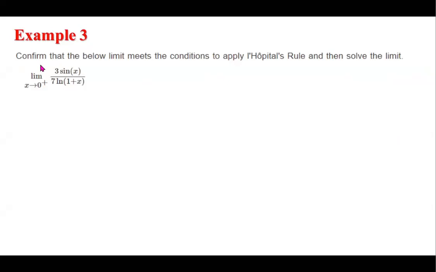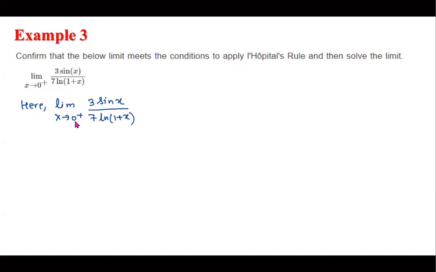Time for example 3. Confirm that the below limit meets the condition to apply L'Hopital's rule and then solve the limit. So we have to first confirm that we can apply L'Hopital's rule for this one and then use that to find the limit. So here we have the limit as x approaches 0 from the right of 3 sine x over 7 times the natural log of 1 plus x.